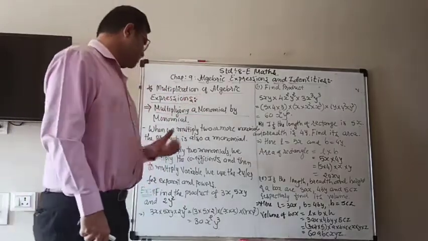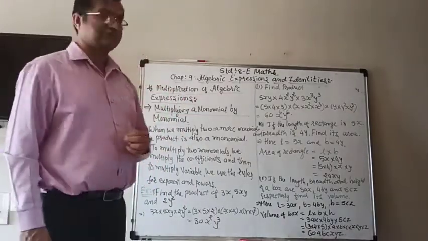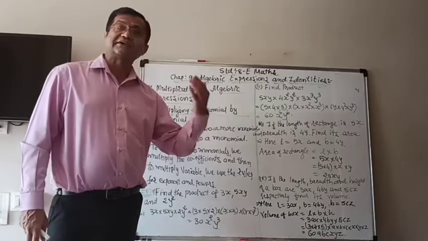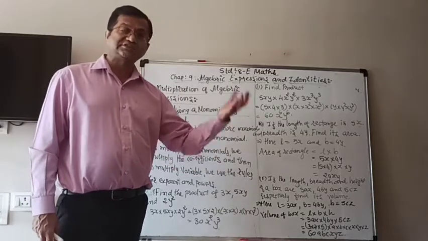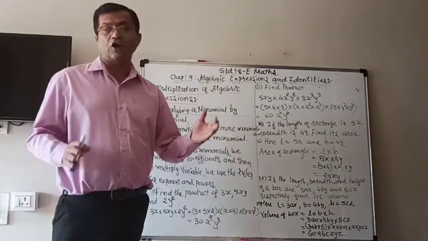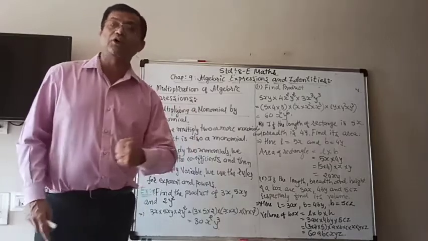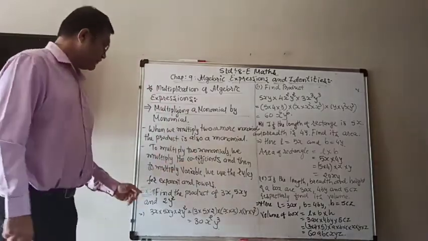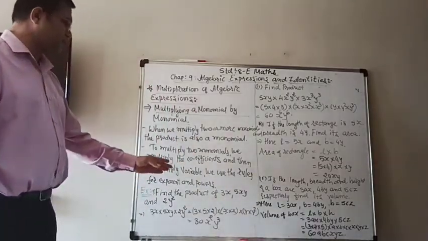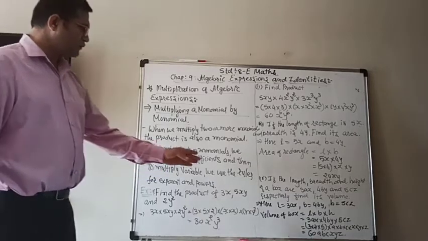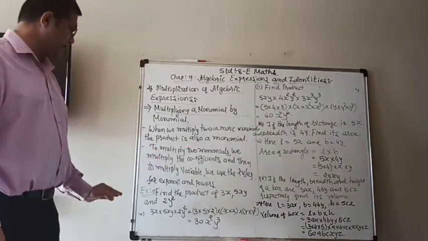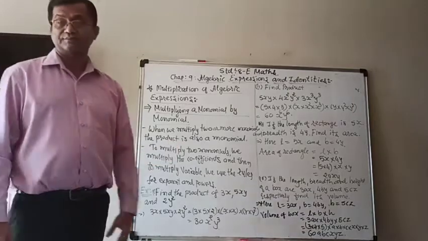So let us understand with some examples how we can do this multiplication of different monomials. First example: find the product of 3x, 5xy and 2y square.